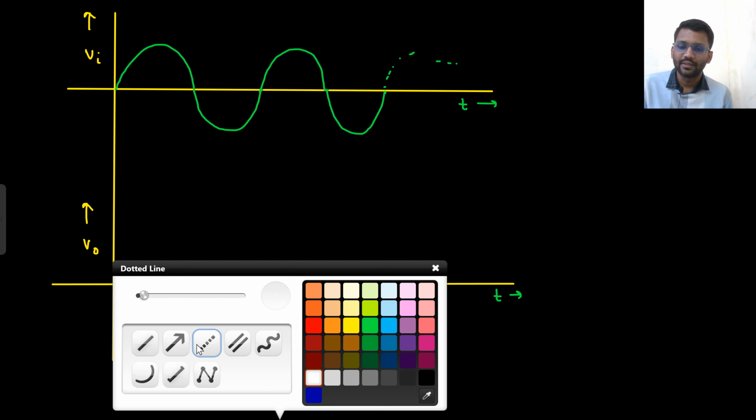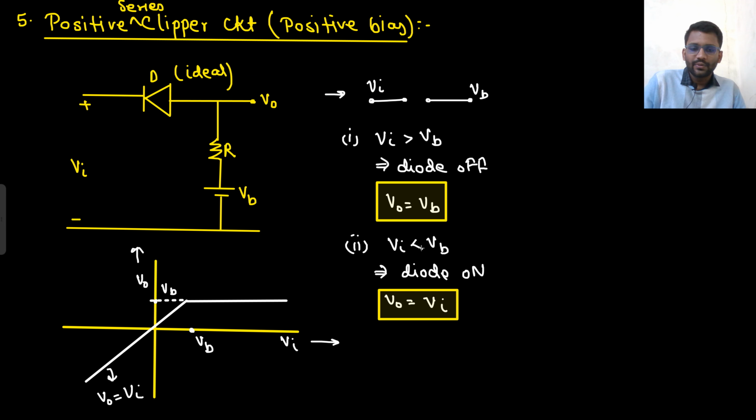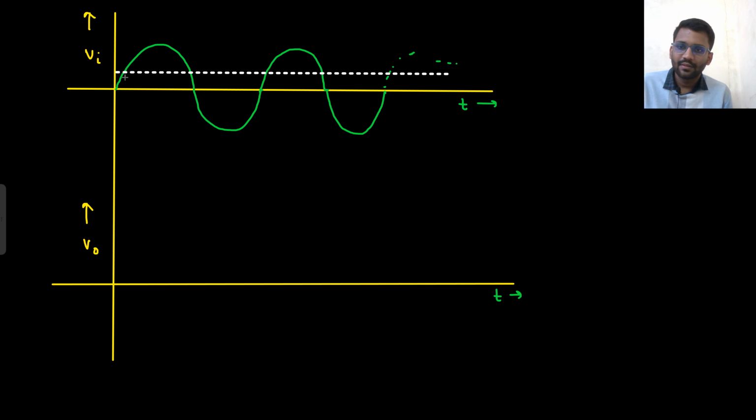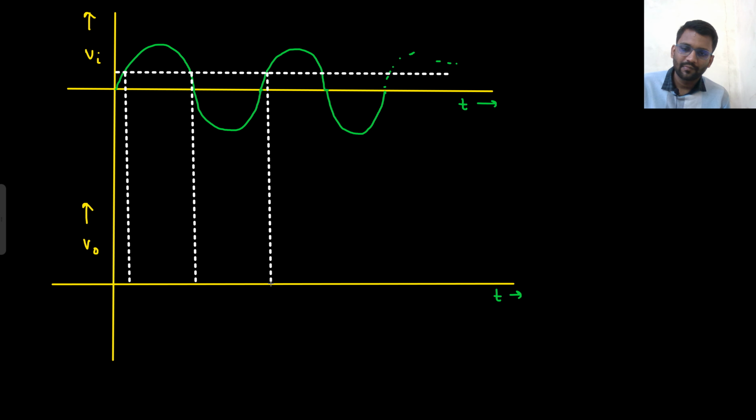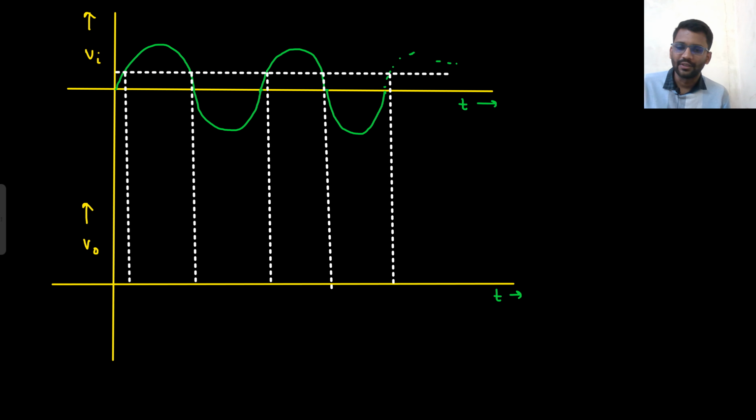For every value less than VB, V naught is equal to V in, otherwise it is VB.